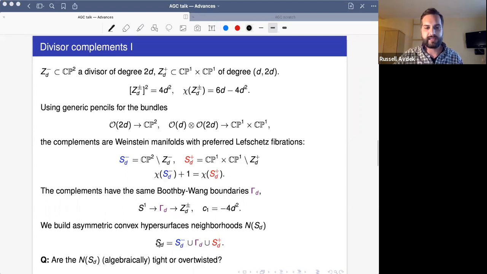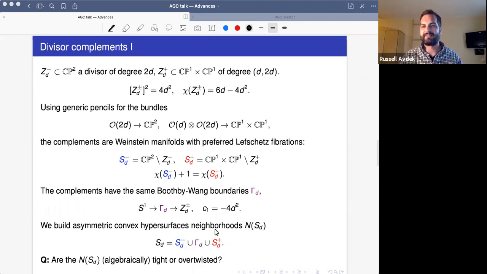And so I'll call that SD. And again, the negative region is the complement of a divisor in P2. The dividing set is this Boothby-Wang circle bundle over a Riemann surface. And the positive region is the complement of a divisor in P1 times P1.